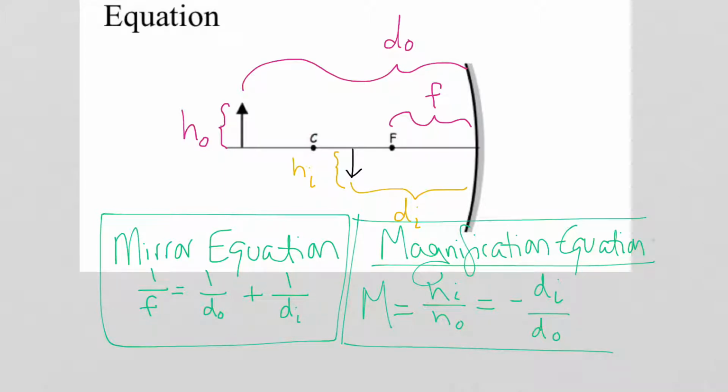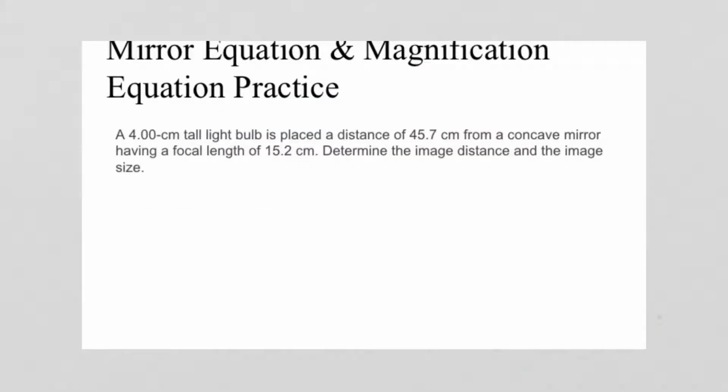So, how can we use these two equations? Well, let's do an example together. This is an example from Physics Classroom on their mirror equation page. So let's read. A 4 centimeter tall light bulb is placed a distance of 45.7 centimeters from a concave mirror having a focal length of 15.2 centimeters. Determine the image distance and image size.